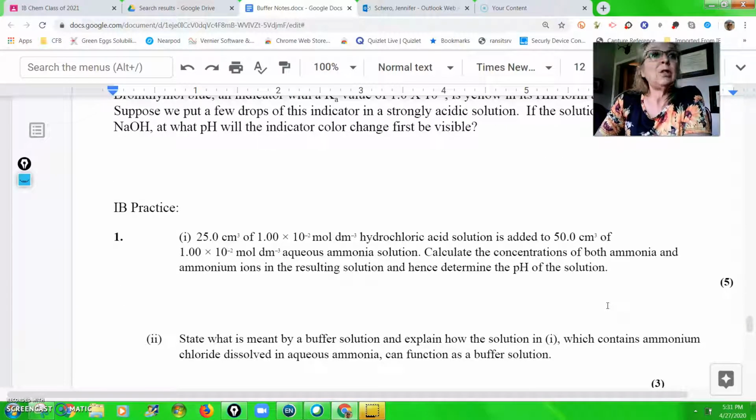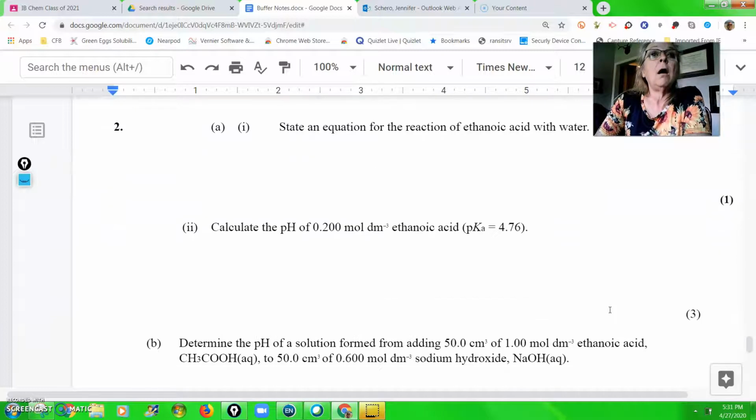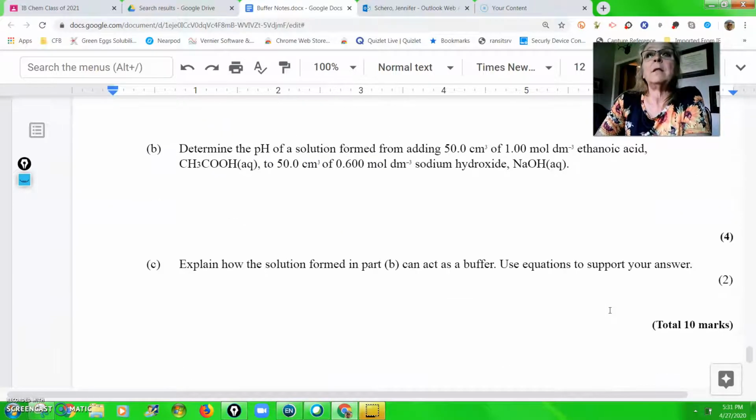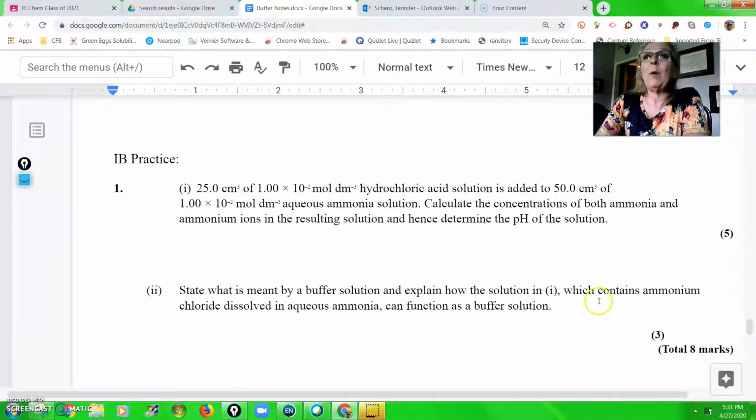For Monday's turn-in, you will be completing the IB practice that is provided here on the rest of this. So ultimately, you will be turning in 2 things. If you wait to turn it all in until Monday, then you're just doing 1 submission. Otherwise, you're going to do 2 submissions, 1 for Friday and 1 for Monday.